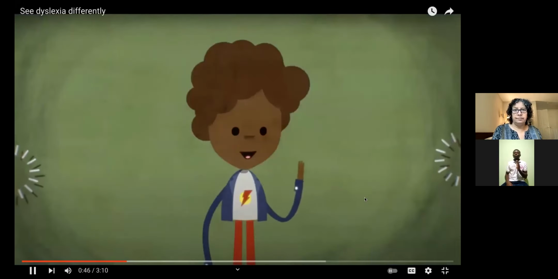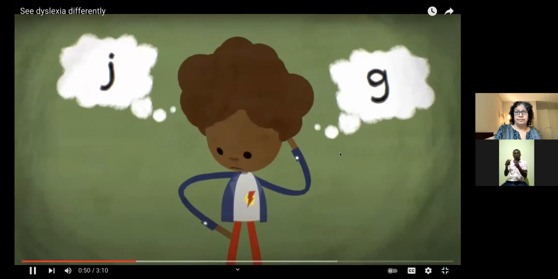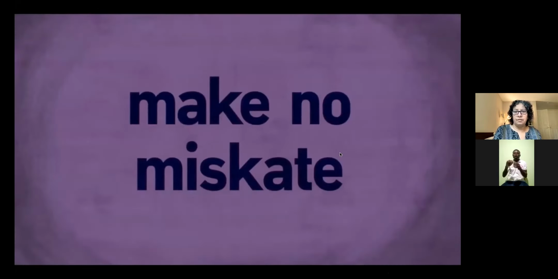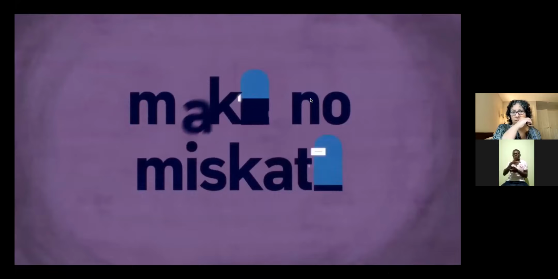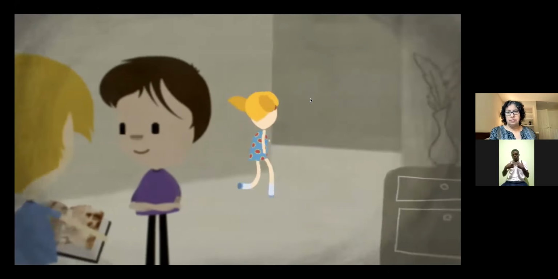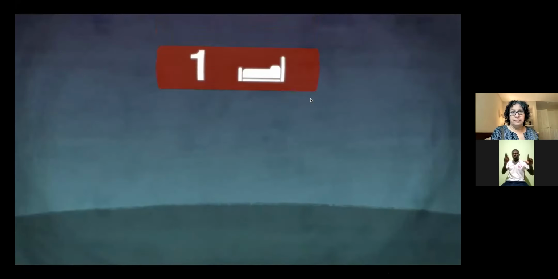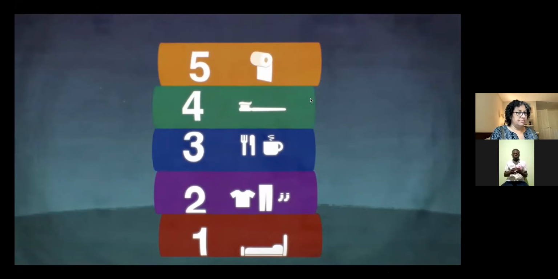Dyslexic people may find it difficult to match letters to sounds and to remember how to spell words. They may even see letters moving around when they're reading. They might have trouble telling left from right. Remembering lots of instructions can be especially hard.